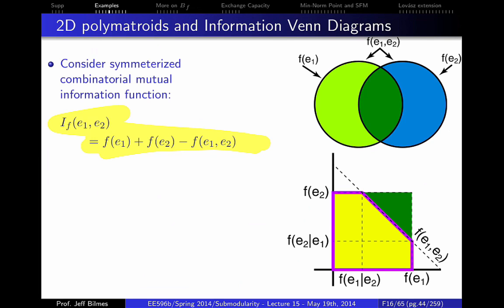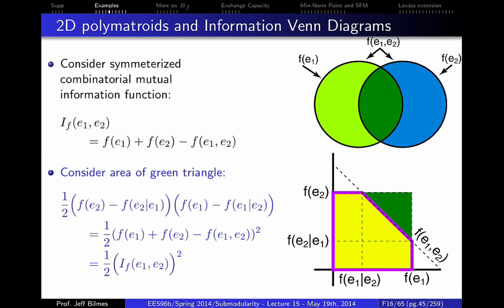But what if we were to then compute the area of this lower triangle, of this dark green triangle? So how do we do that? Well, let's just use very simple geometry. It's 1/2 times the width times the height of that square, right?